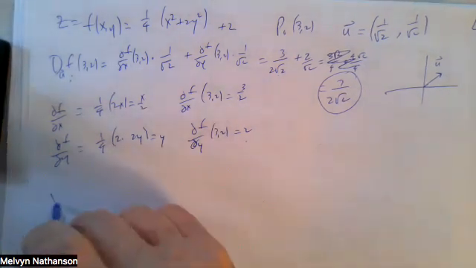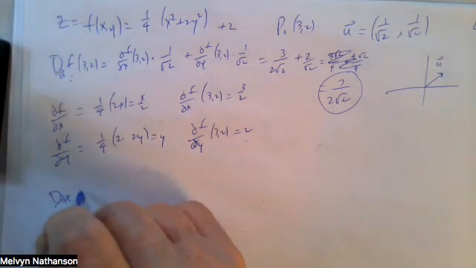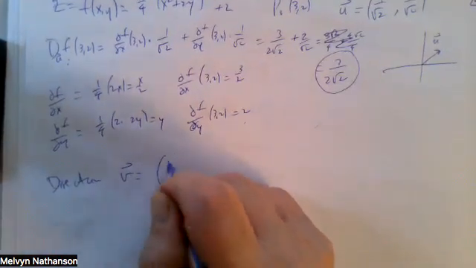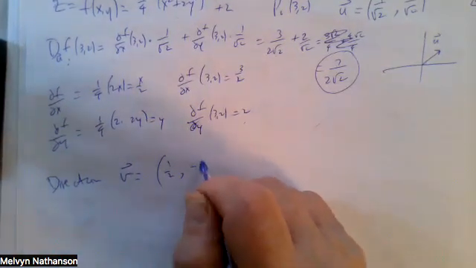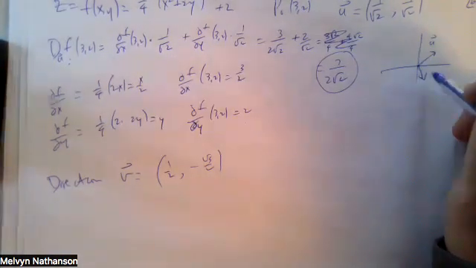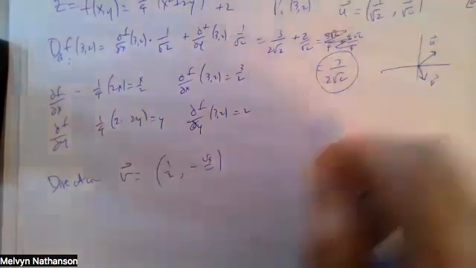If I take a different direction, the direction v equal to 1/2, minus root 3 over 2. So that's the vector which looks like that. This is v.